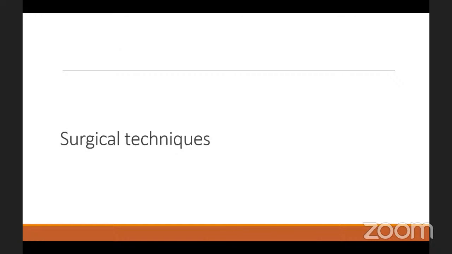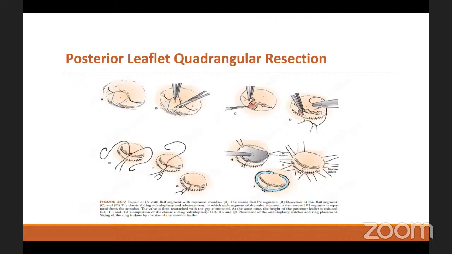So, different surgical techniques for anterior and posterior repair. For the posterior repair, we have mainly 4 techniques, and the most common technique is the quadrangular resection, because as we all know, almost 80% of mitral valve pathology is Barlow's degenerative valve disease, which usually causes ruptured or elongated chordae.